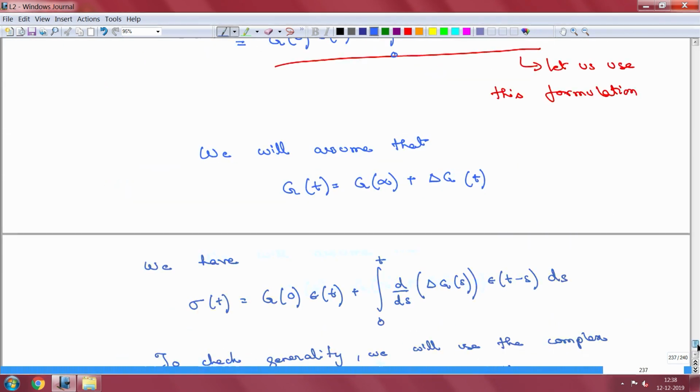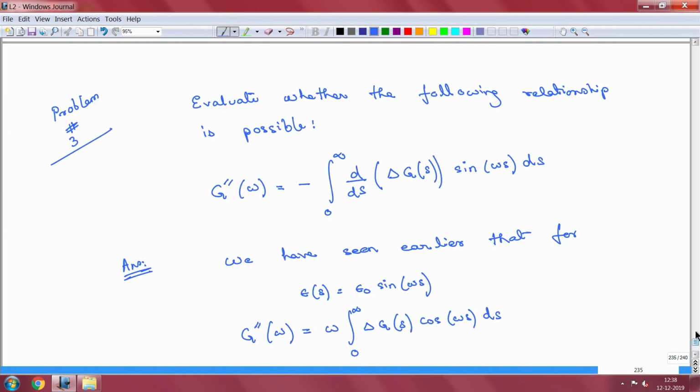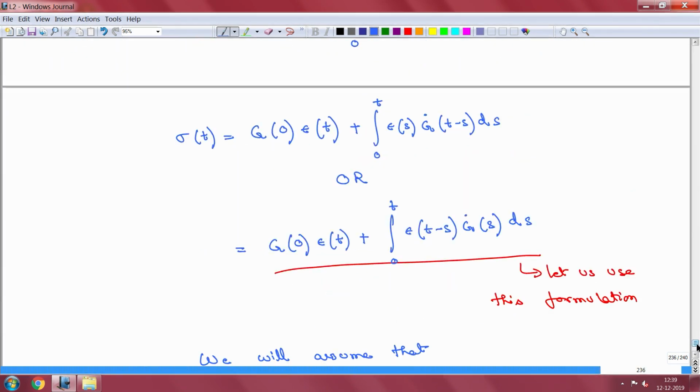So, if you remember the original question, we had asked if this particular functional form is possible, and what we did is we have already been familiar with one of the functional forms, but we went ahead and we chose a different representation for our stress, and we carried out the exact same sequence of steps that we had carried out in the class before for evaluating our complex modulus.